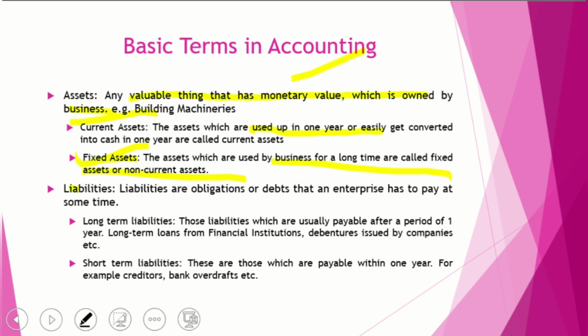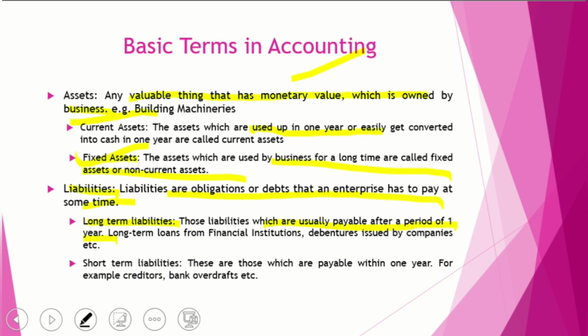Next, we have liabilities. In simple terms, a liability is a responsibility of a business which they have to settle in some time. There are two types of liabilities: long term and short term, also known as non-current and current liabilities. First, long term liabilities, also known as non-current liabilities, are payable after a period of 1 year.